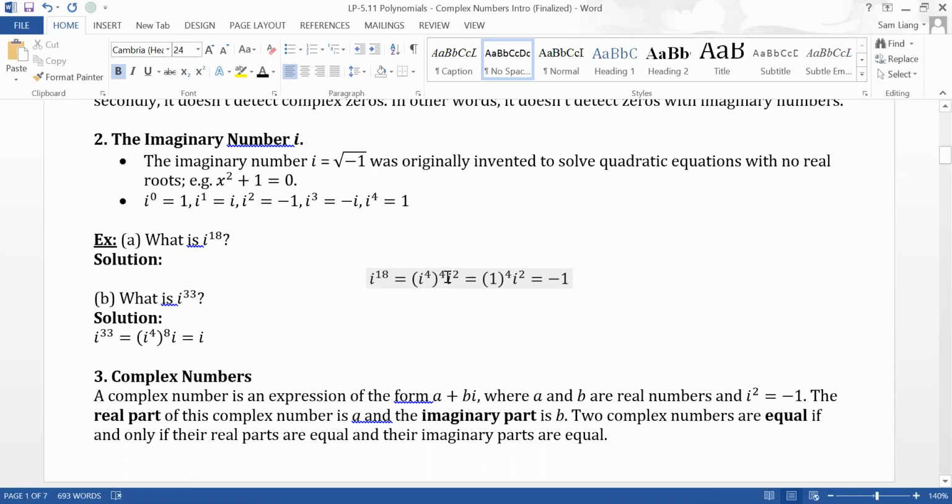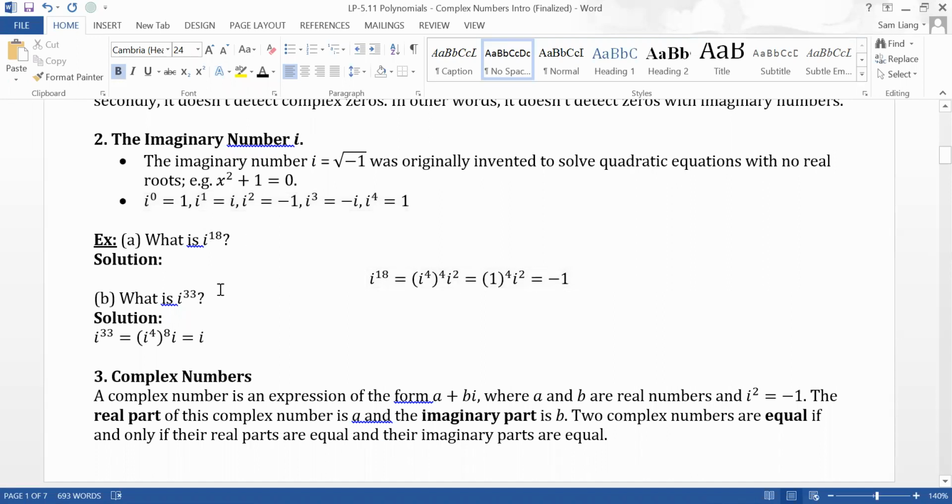And then we still have 2 left, so we have i squared. So this is i to the 4th times i squared. Now i to the 4th is equal to 1, so we replace it with 1 and we have 1 times i squared, and i squared is -1. Therefore, the answer to this question is -1.